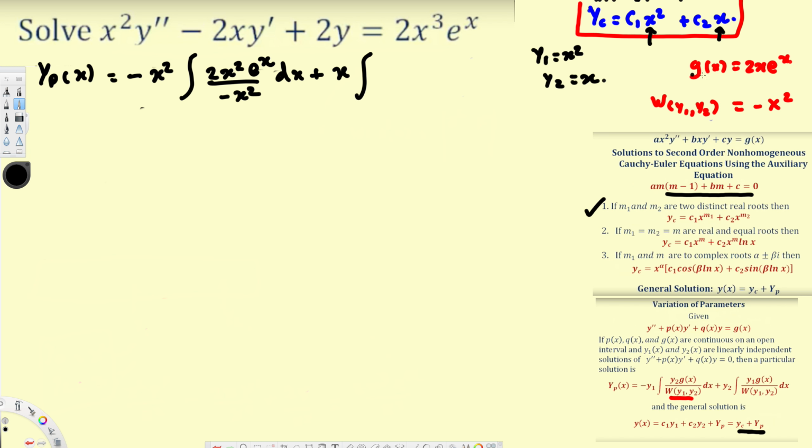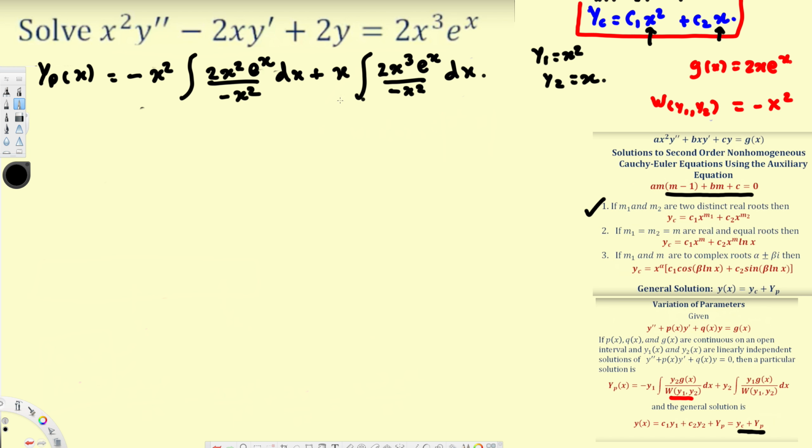W1 is x square times g of x, that's going to be 2x cube e power x, divided by the Wronskian, that's going to be negative x square, dx.